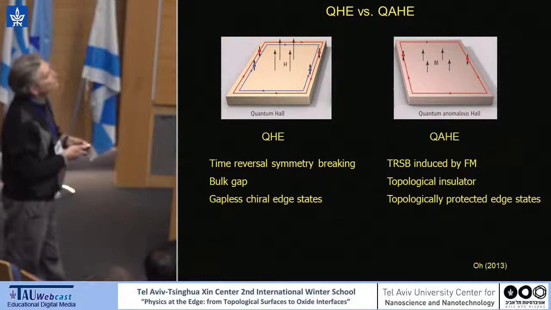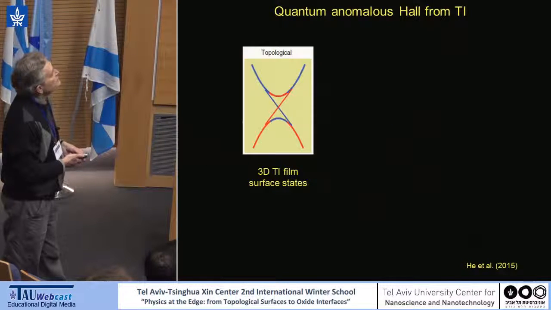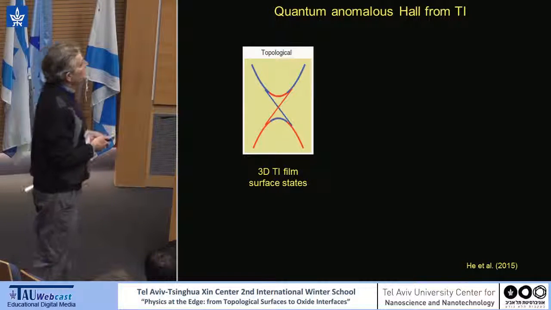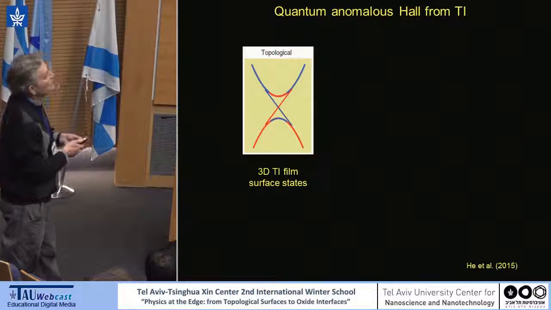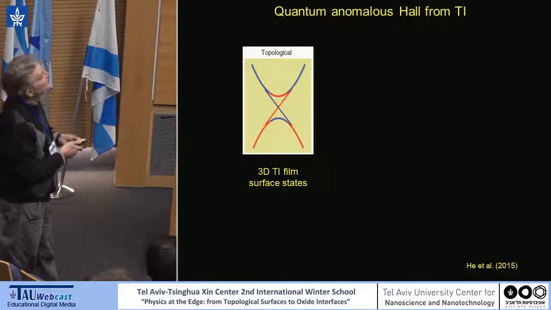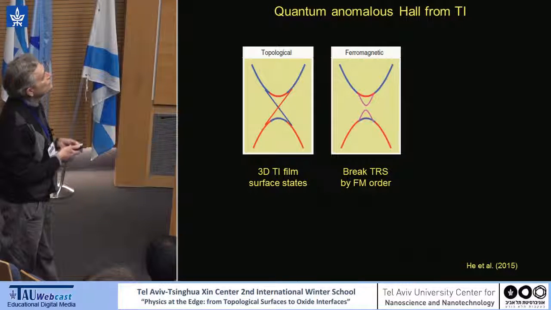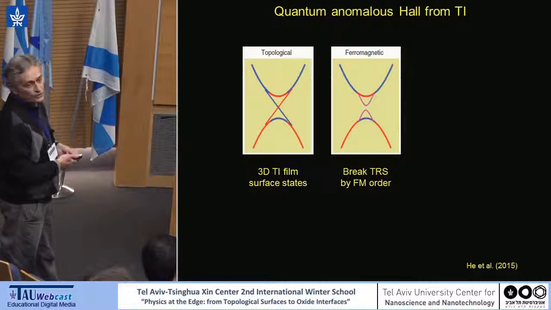So if we look into this possibility more closely, the idea is that you start with a 3D topological insulator film. It has a bulk gap with inverted bands and the surface states. Then if you have a long-range ferromagnetic order, you will open a gap in the surface states.